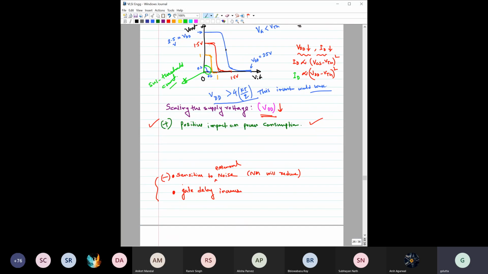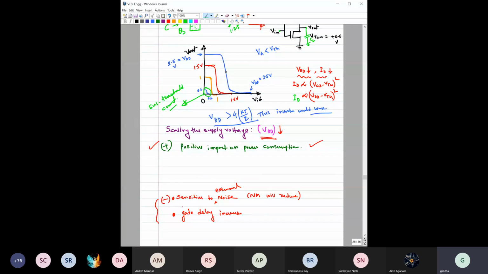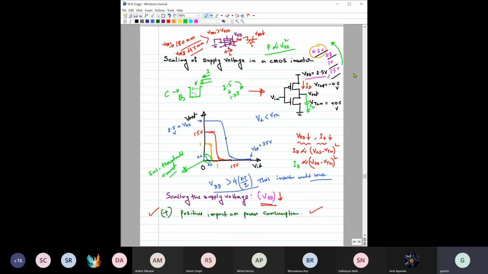I have put it in the next slide, so we will discuss that on the next page. So you can see that you can reduce even this supply voltage below the threshold voltage of the individual MOSFET, and you will still get an inverter action from this. It will work.